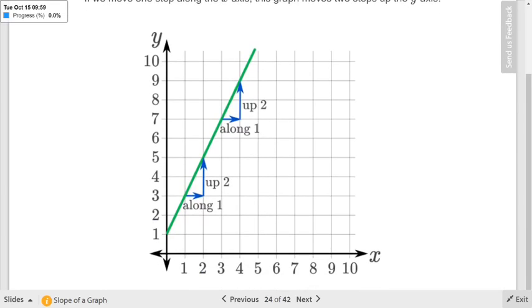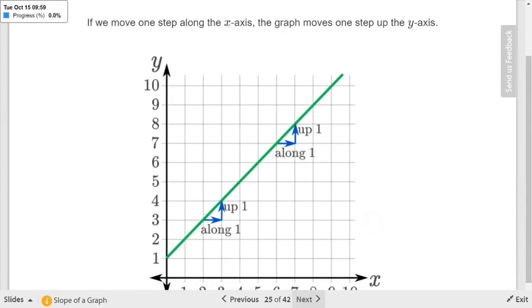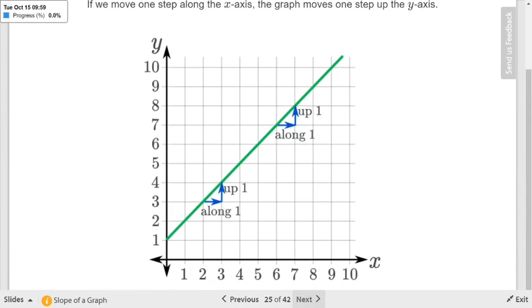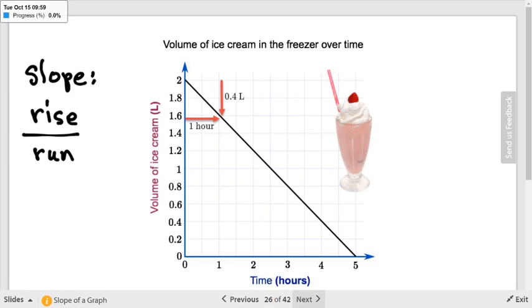And it's easy to see how much they are by looking at slope as rise over run.